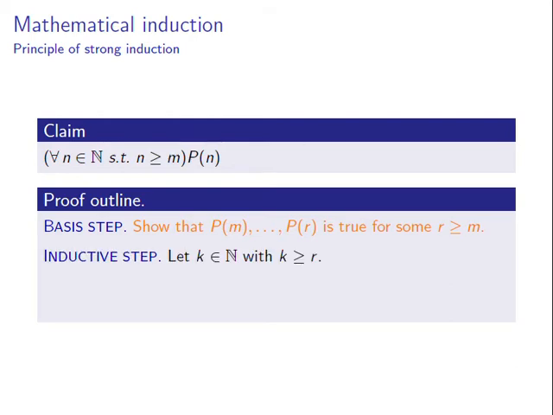Next, for the inductive step, we let k be an arbitrary natural number greater than or equal to r, and assume that P holds for all natural numbers from r to k. This is our induction hypothesis. We need to show that P holds for the natural number k plus 1.